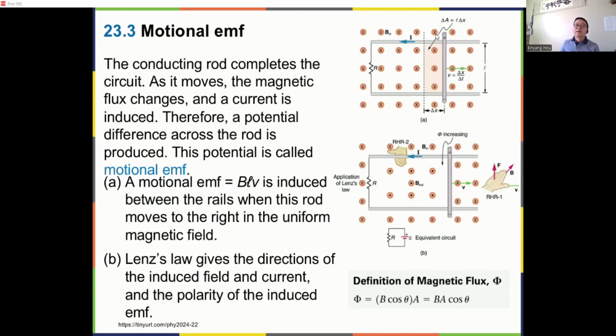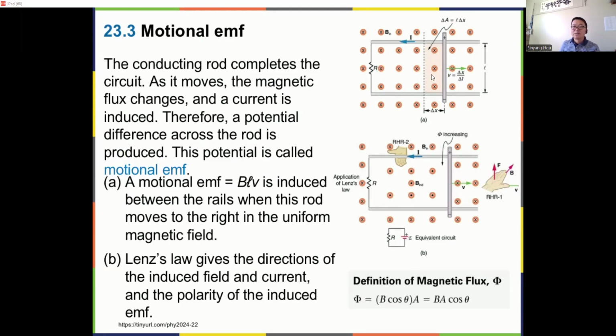The change in area, delta A, will be L times delta X, where delta X is equal to V times delta T. So the rate of this area changing depends on velocity. If that's the case, then you have changing magnetic flux in this coil.